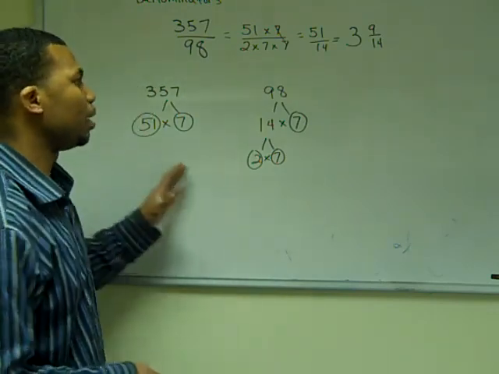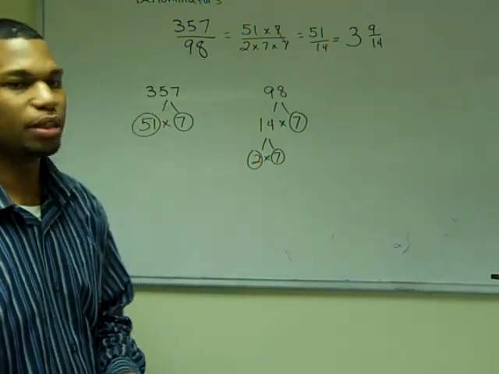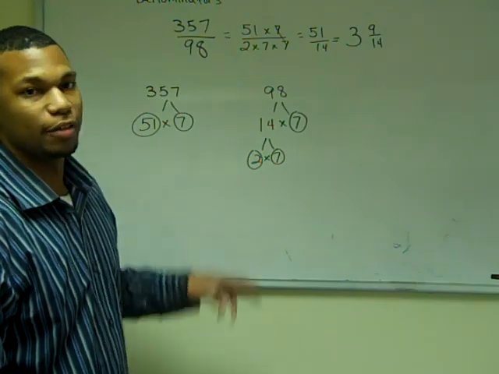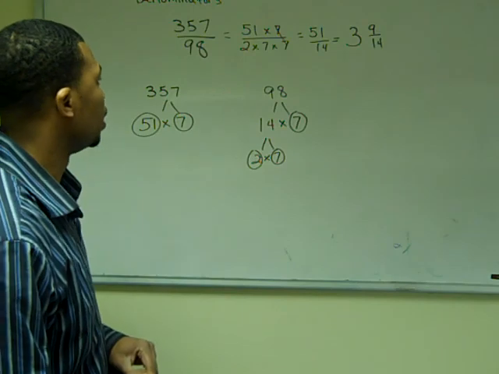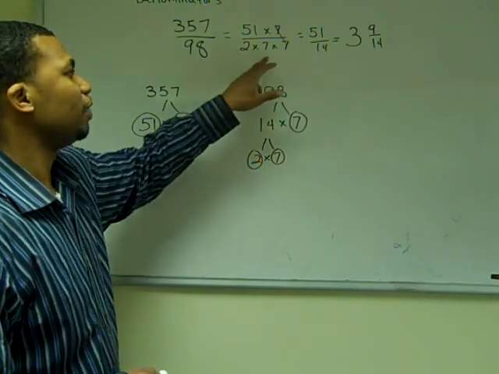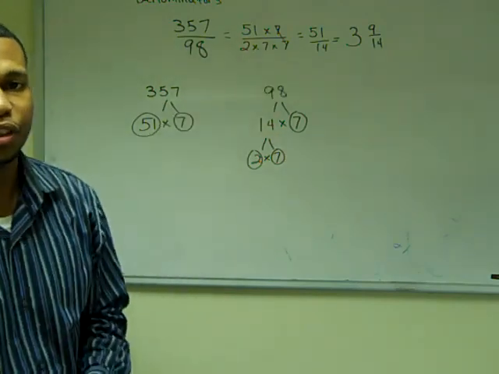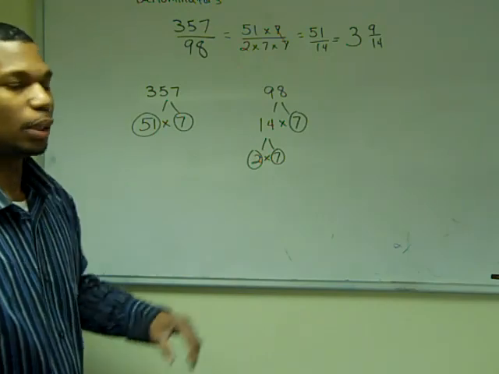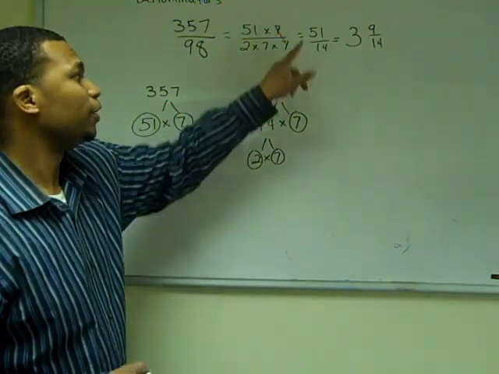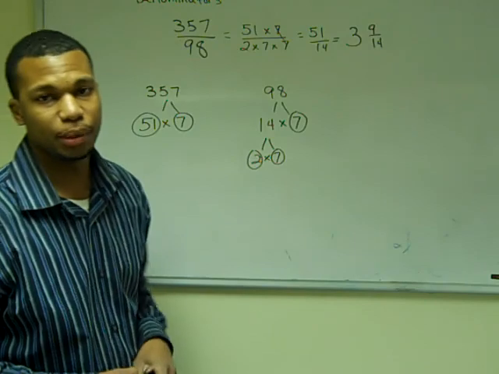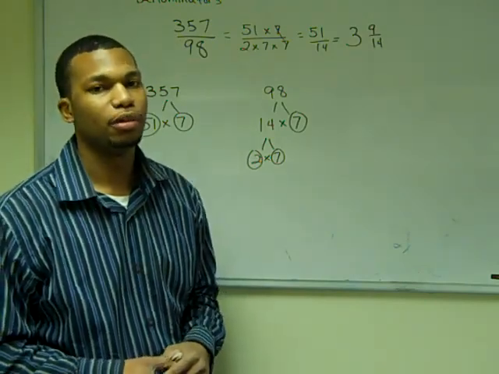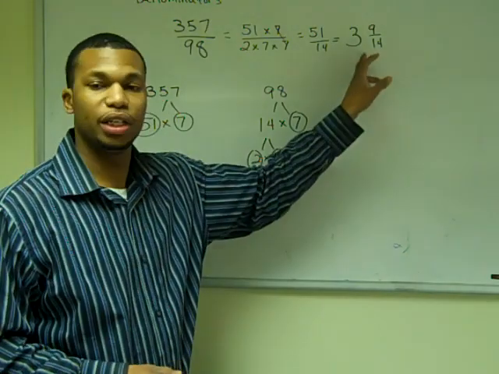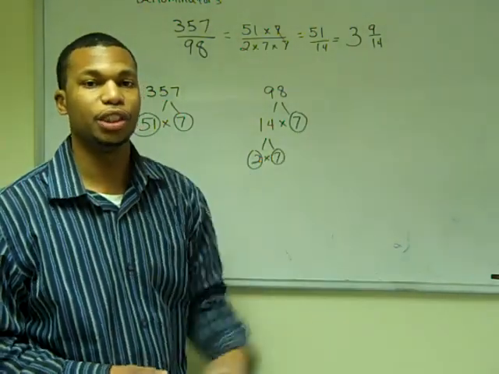So we're going to apply our prime factorization, and we get 51 times 7 for our prime factorization of 357. And we get 2 times 7 times 7 for our prime factorization of 98. By getting rid of our 1's, we're left with 51 over 14. If we were to turn that into a mixed number, our final answer will become 3 and 9 over 14.